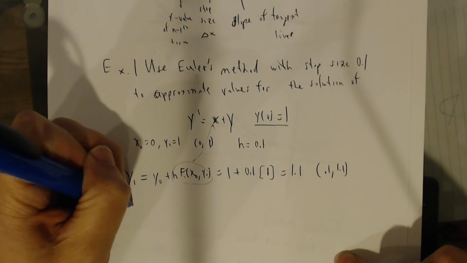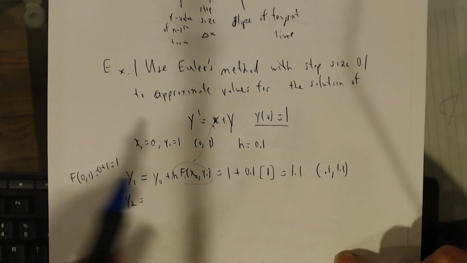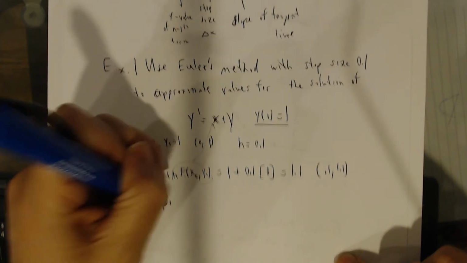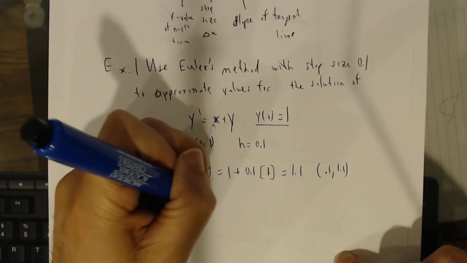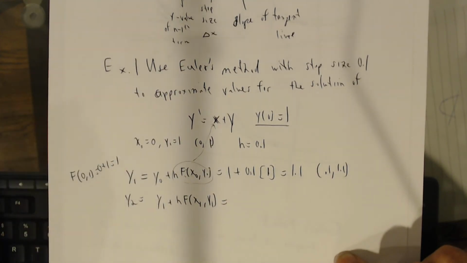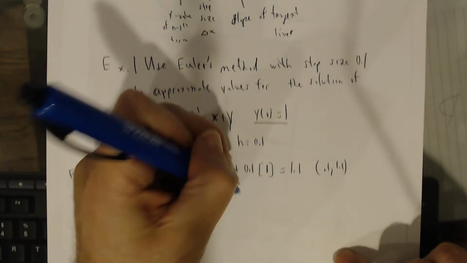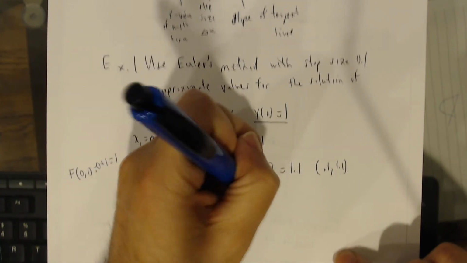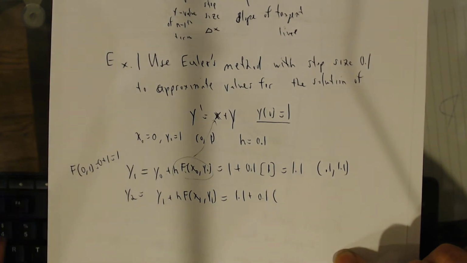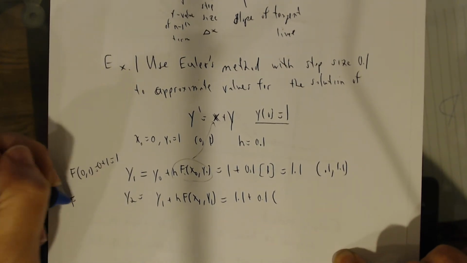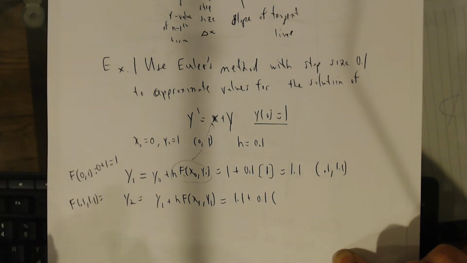So what would y sub 2 be? The process is the same, right? Except now, what do I need? I need y sub 1 plus h f of x sub 1 comma y sub 1. So what does that equal? That becomes 1.1 plus 0.1 times, now if I plug in capital F of 0.1 comma 1.1, what does that become?